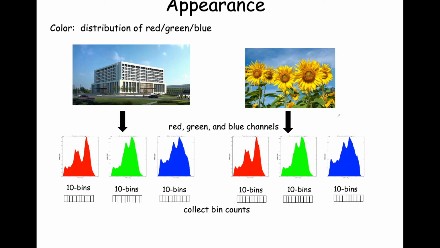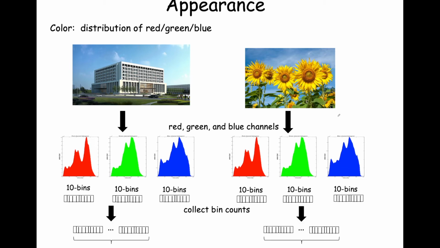So then we take these bins and we collect them. And these bins will have counts representing the different color values at different saturations for red, green, and blue, 10 different levels into which we quantize our color values. And we collect them together to form a single vector.